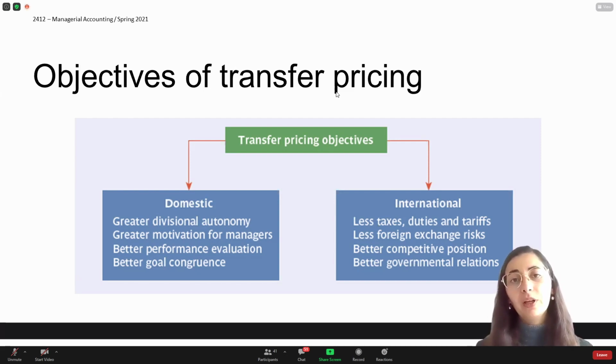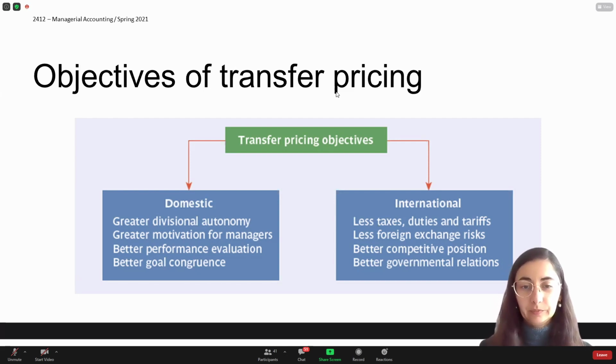And when we have international divisions, the objective is to pay less taxes, to have less foreign exchange risk, to have a better competitive position, and to have better governmental relations.